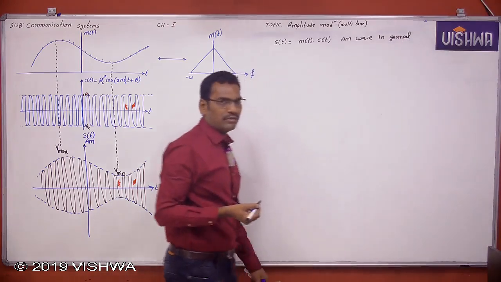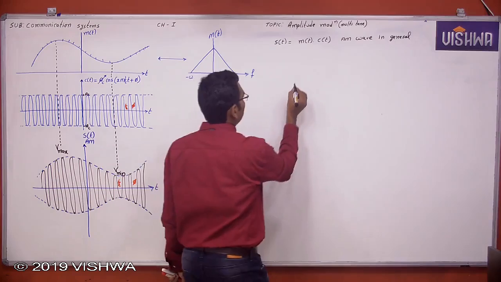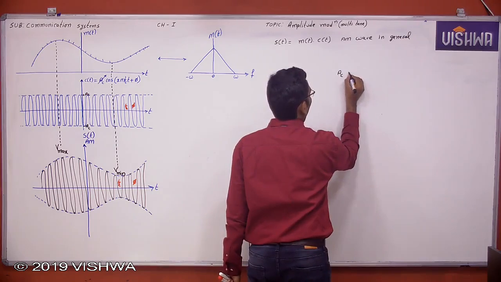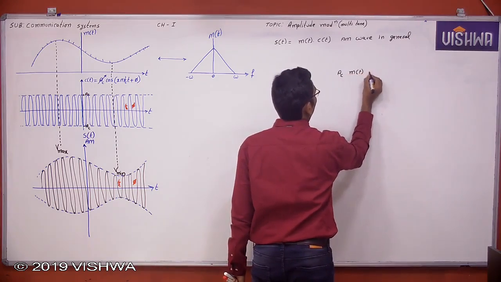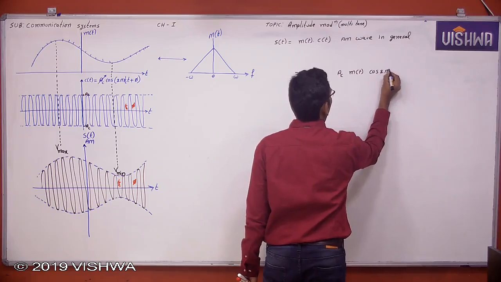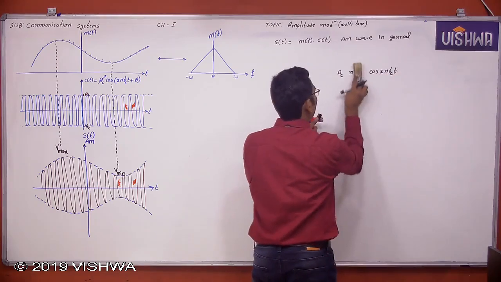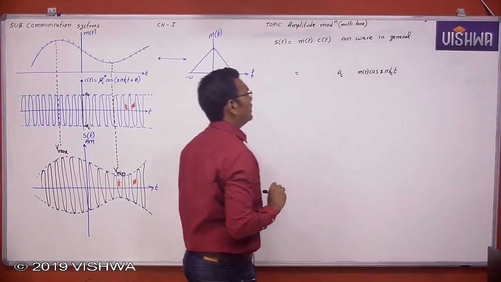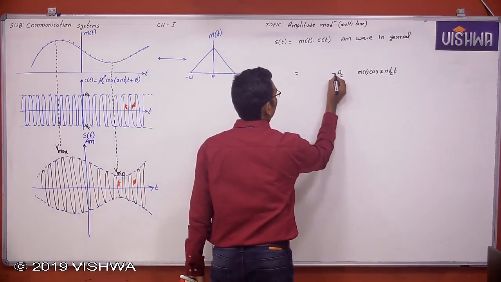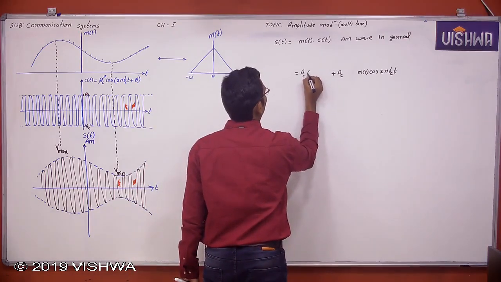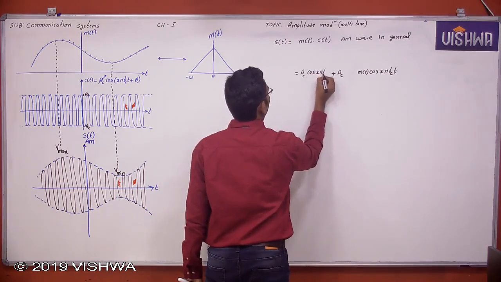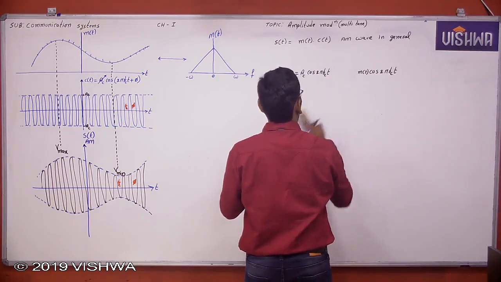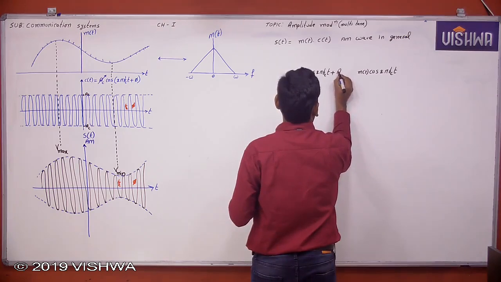In the general approach. But what he is saying is: A_C m of t cos 2 pi f_c t, this is the message signal multiplied with the carrier signal, plus A_C cos 2 pi f_c t.